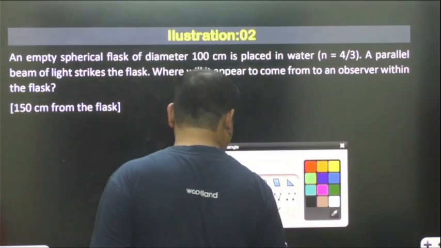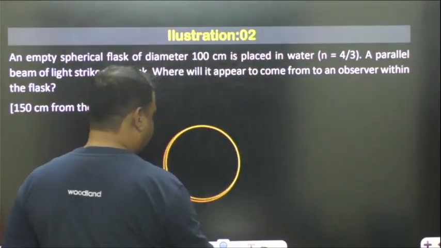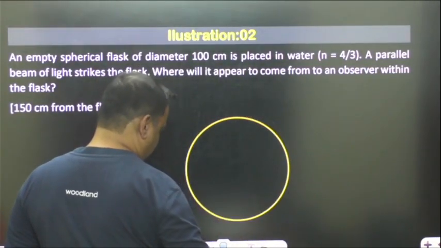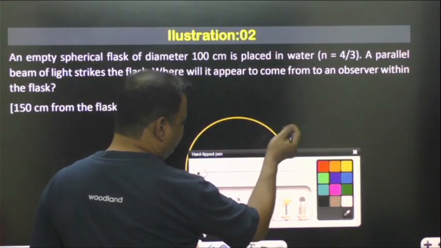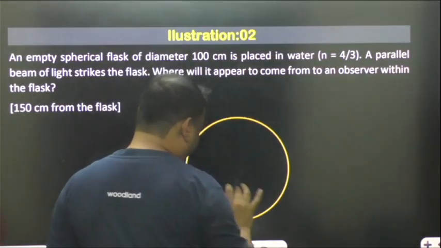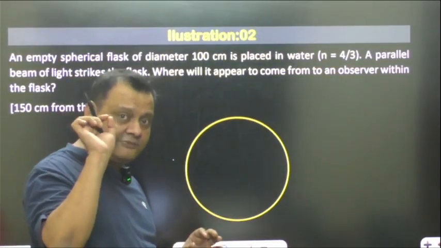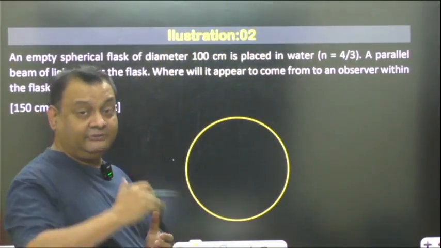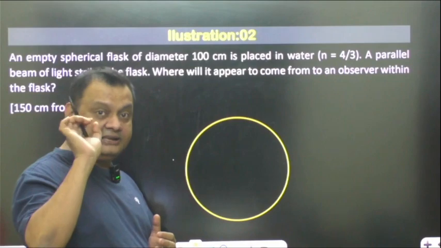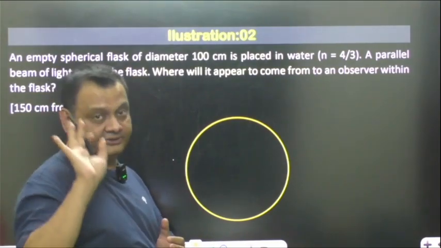So say we have an empty flask. Okay, suppose the flask is made of glass, and as we have seen in lecture 1, when in such cases the thickness of glass is not given, then we neglect its thickness and neglect the refraction through glass. Getting the point?